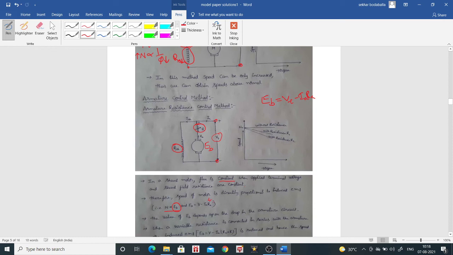As the armature resistance increases, the Ia-Ra drop increases. Because of that, V minus Ia-Ra decreases, so the back EMF is decreasing. As the back EMF decreases, the speed at which the motor rotates also decreases.